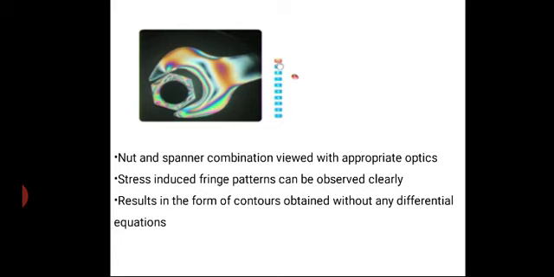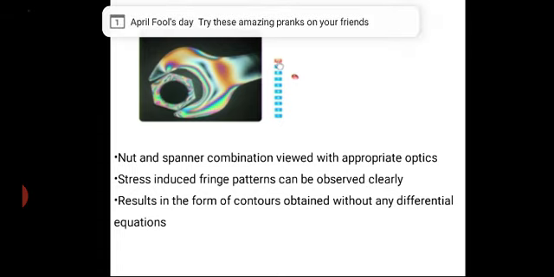These fringes are clearly observed, and they indicate the amount of stress induced in the member. The results can be obtained very clearly by observing the contours and tabulating these values without any differential equations.